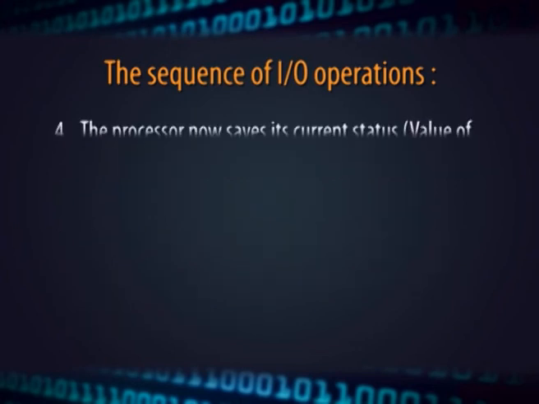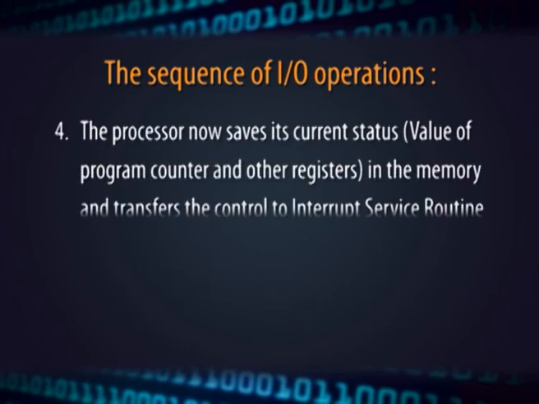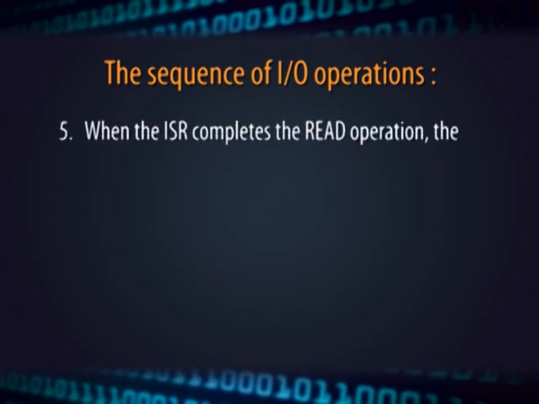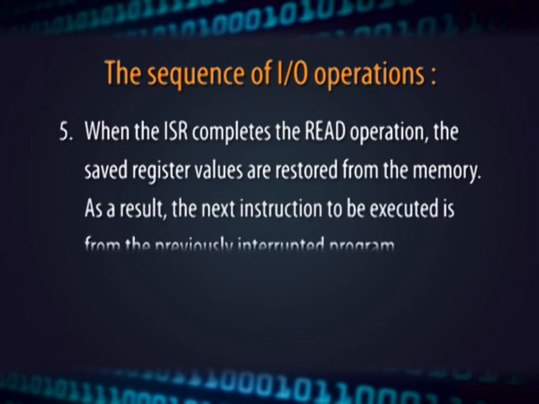The processor now saves its current status, value of program counter and other registers in the memory and transfers the program control to the interrupt service routine corresponding to that device. When the ISR completes the read operation, the saved register values are restored from the memory. As a result, the next instruction to be executed is from the previously interrupted program.